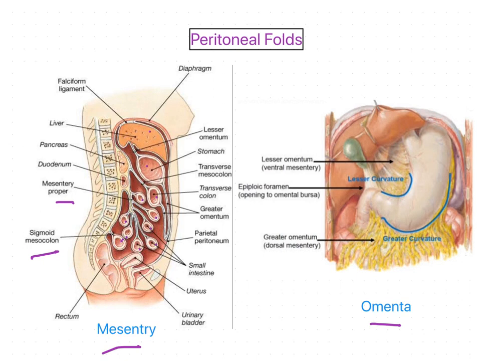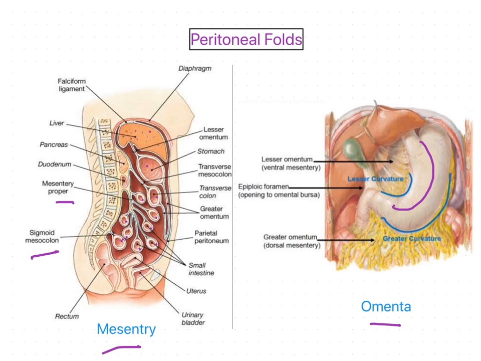Now the next type of peritoneal fold is called omentum. Large peritoneal folds which are attached to the stomach are called omentum. This is the stomach. There are two types of omenta present.